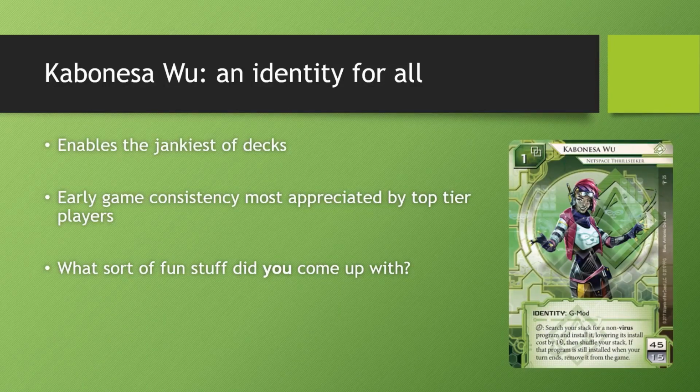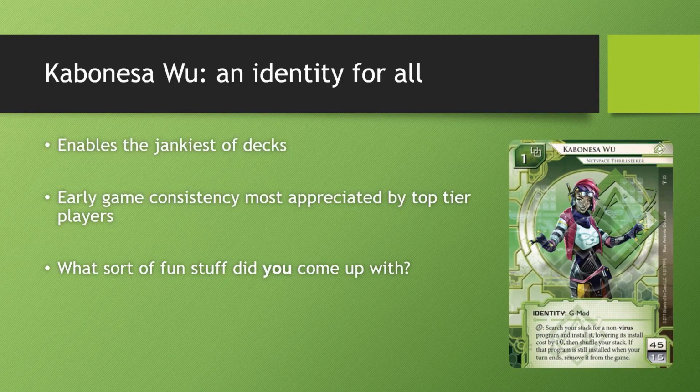On the janky side of the spectrum, this identity enables the jankiest of decks. I mean, the showcase I did on Netrunner DB earlier, where I show you all the decks on Netrunner DB, just proves this. There are so many different deck archetypes you can make with Kabonesa, and the kind of programs that you can splash into this identity are virtually limitless. It's only limited by your imagination, really.